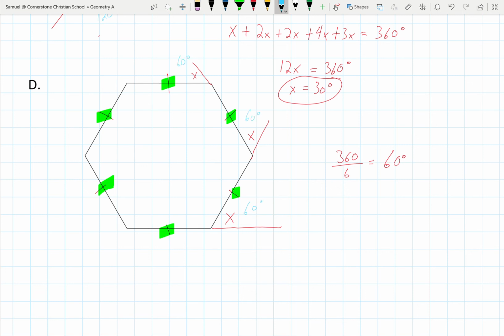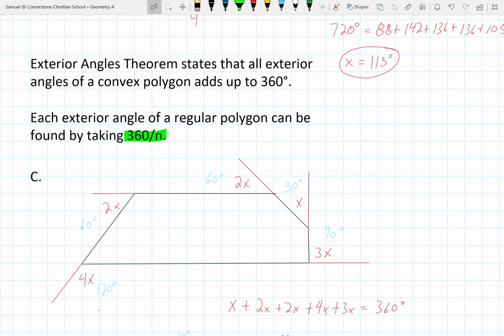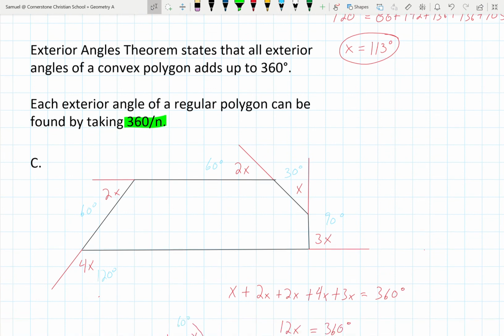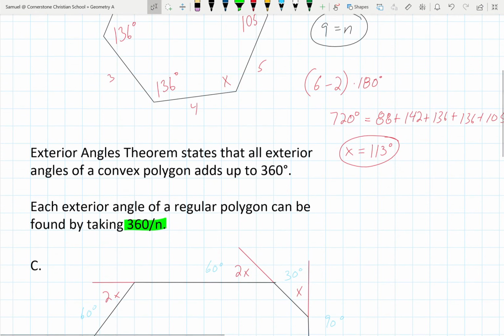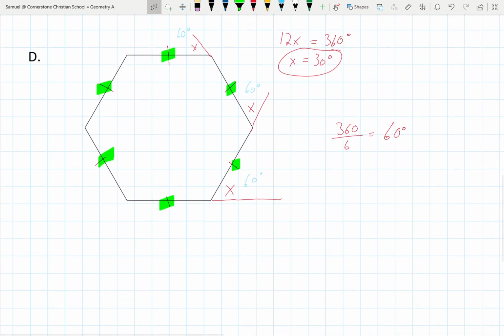All 6 of them would add up to be 360 degrees. So exterior angles always add up to be 360. Interior angles depend on the number of sides, but in order to figure out the interior sum, it's (n minus 2) times 180 degrees. That's the interior sum.